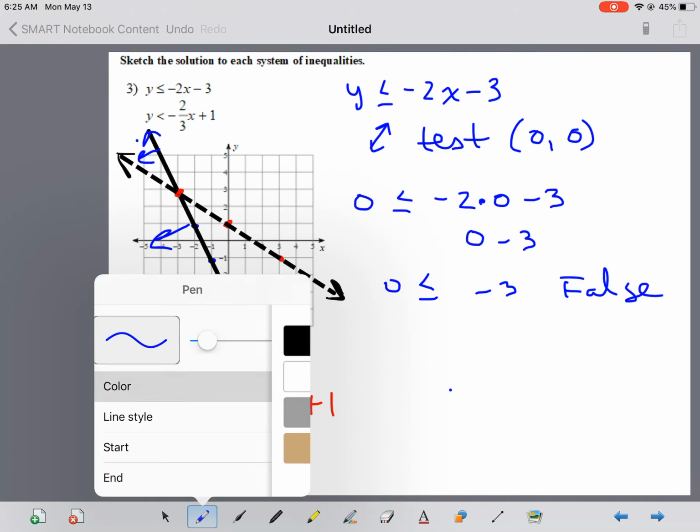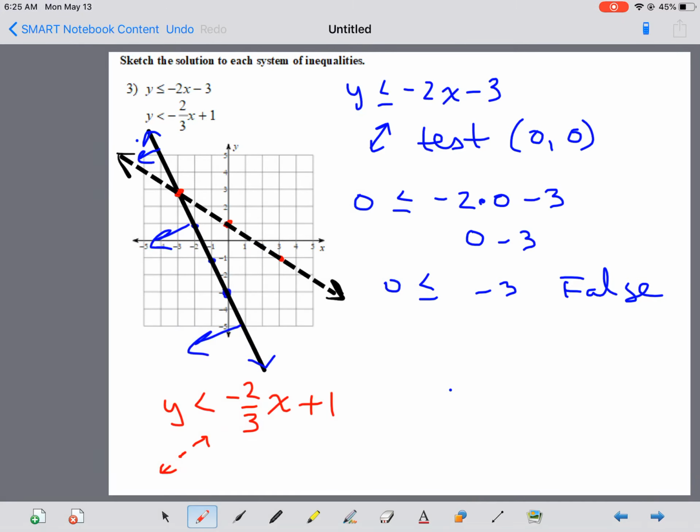Now, let's test 0, 0 in the other inequality statement. Is 0 less than negative 2/3 times 0 plus 1? Well, negative 2/3 times 0 is 0, plus 1 is 1.